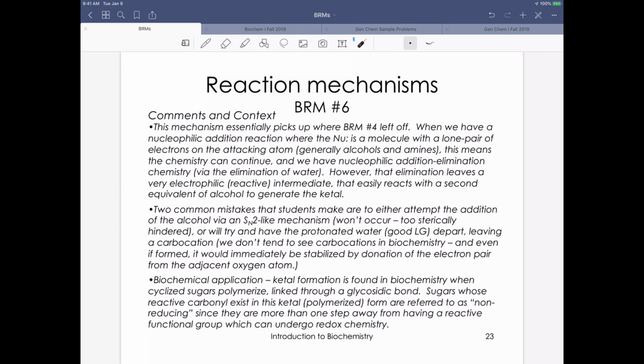The second step, polymerizing, allows us to further functionalize our sugars, but that also really locks up that carbonyl in not being reactive. And so we say that that would be a non-reducing portion of a carbohydrate.